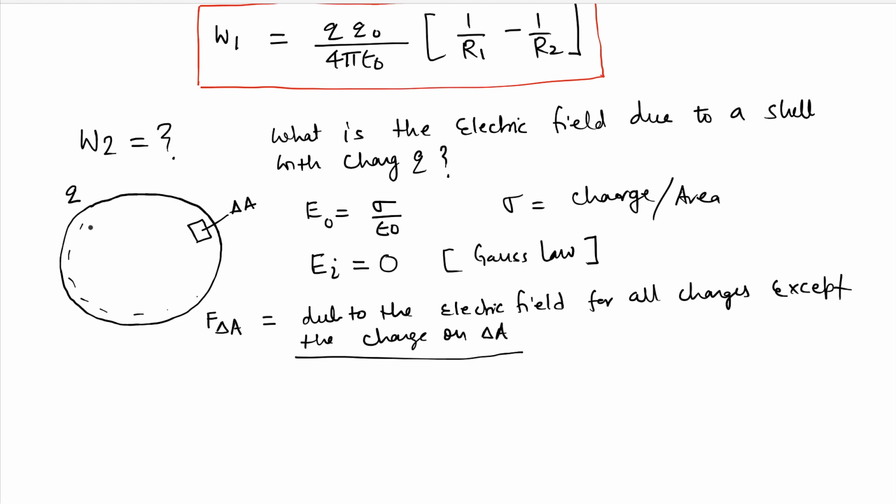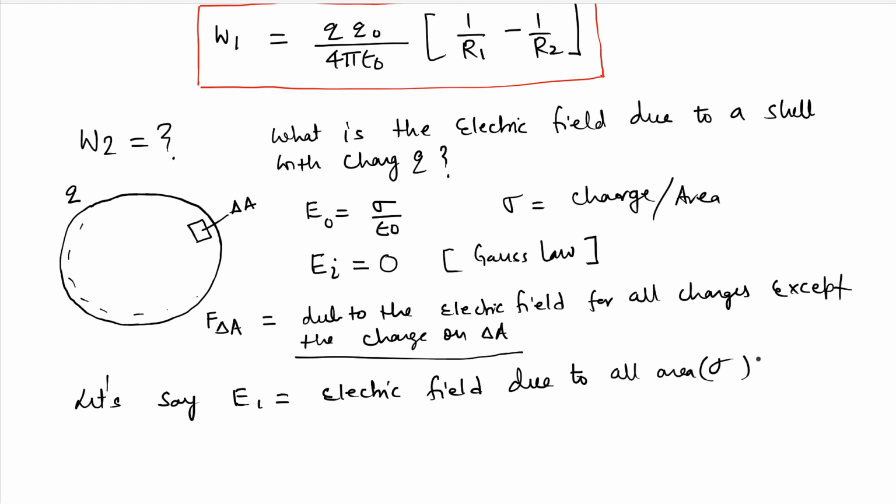So we need to calculate the electric field because of everything except this delta A. So let's say E1 is the electric field due to all area, basically sigma is spread over all area except delta A. And let's also say that E2 is the electric field due to delta A.